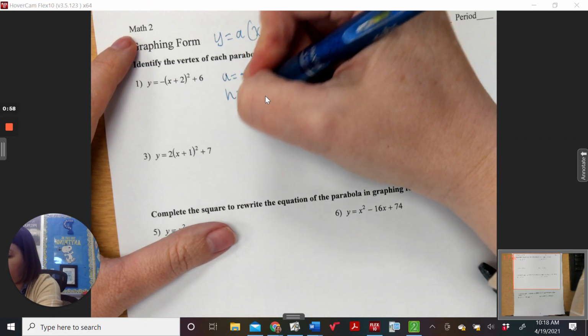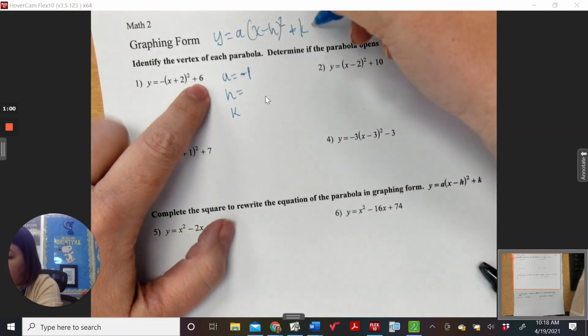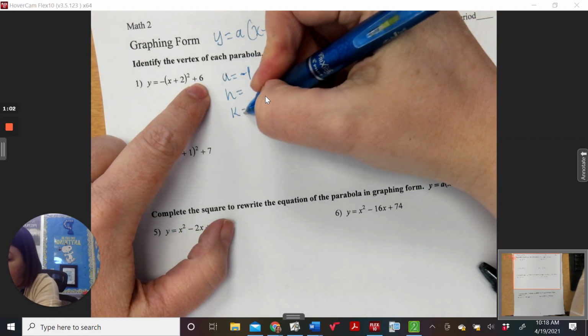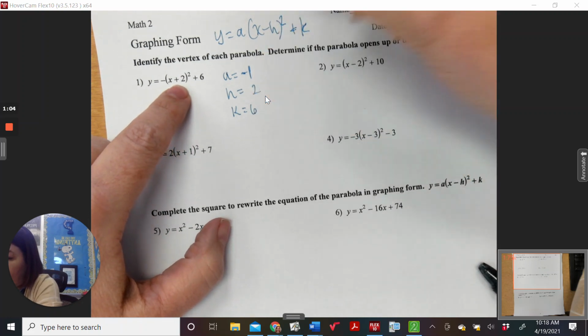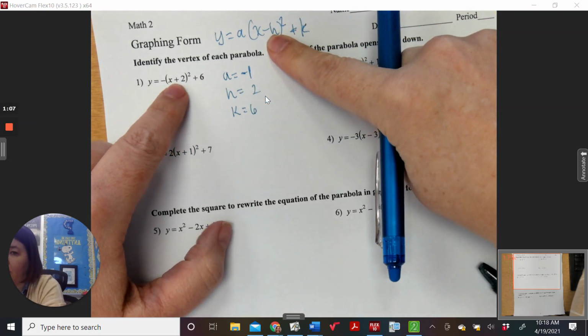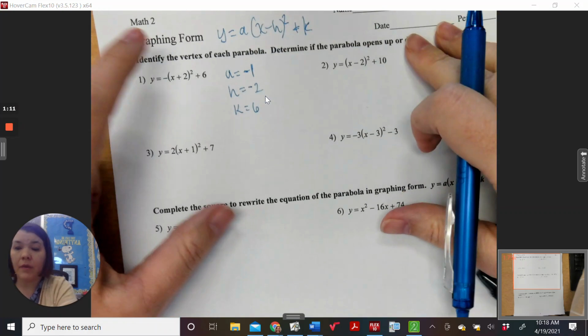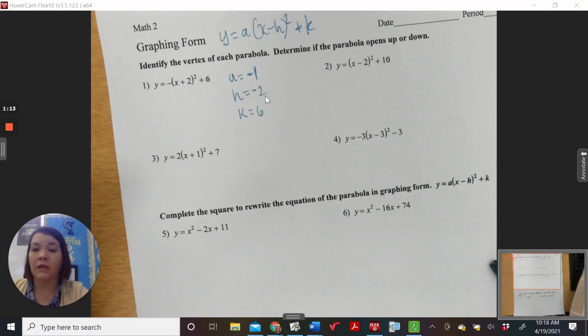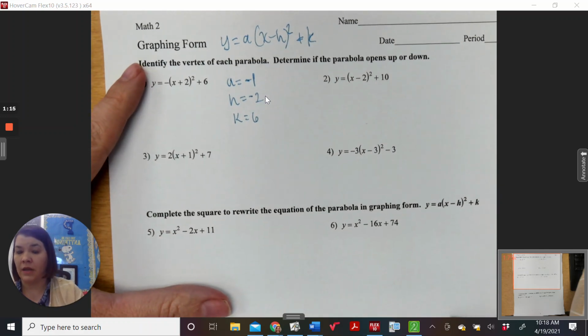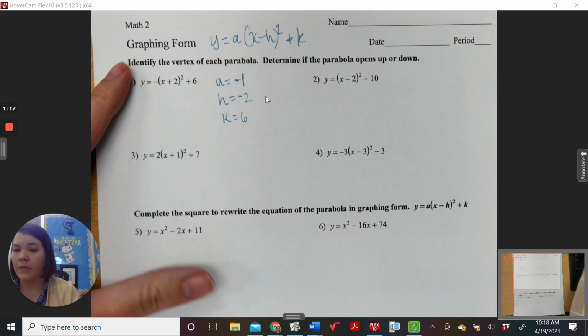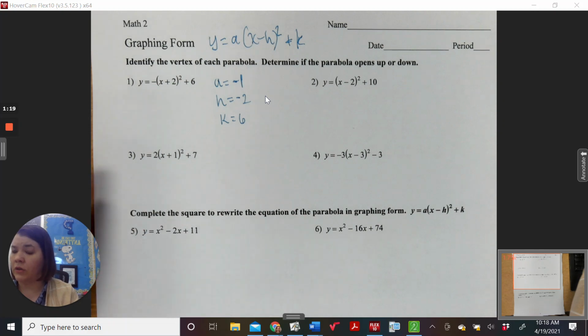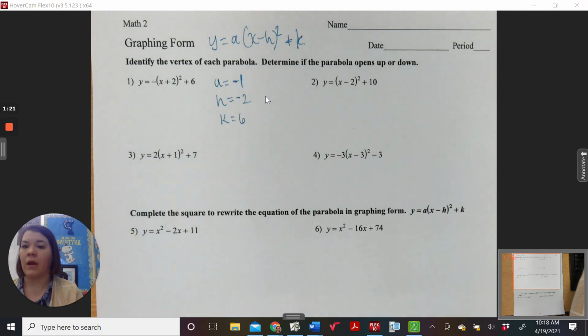And H and K is a little tricky, mostly H is. K is clearly 6. And H is 2, but because this says minus in the formula and this is a +2, this 2 is negative. Now, that's weird. So what I like to think about is what we talked about with the Desmos activity in class about a week ago, maybe a little more than that, depending on when you're watching this, where we're talking about shifting left, right, up, and down.